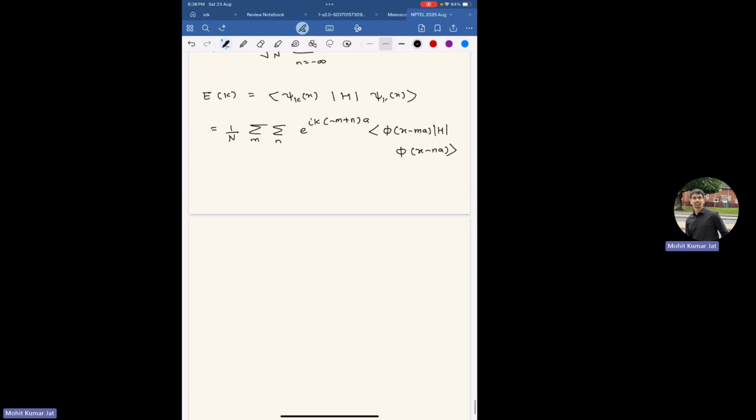Currently there is no relation between m and n, but I can divide this equation in two forms: when m is equal to n, where the wave functions will also be orthogonal, and the case when m is not equal to n.